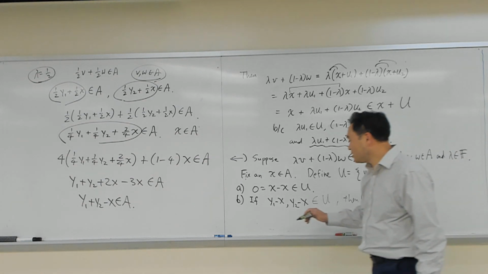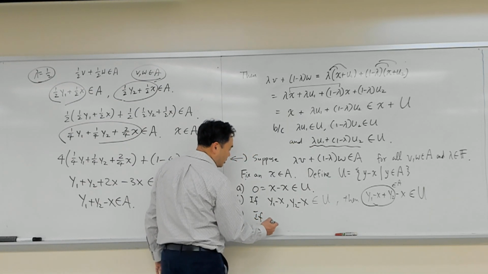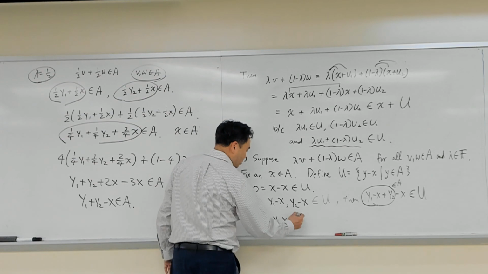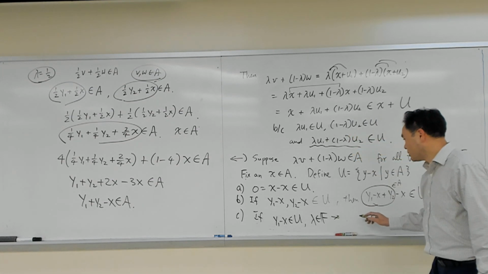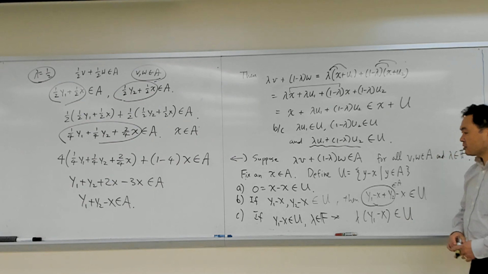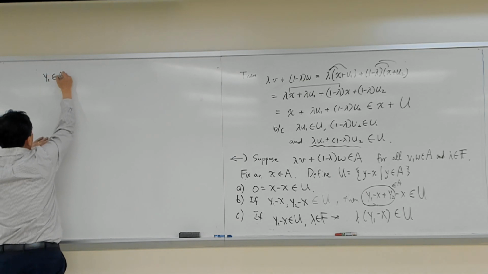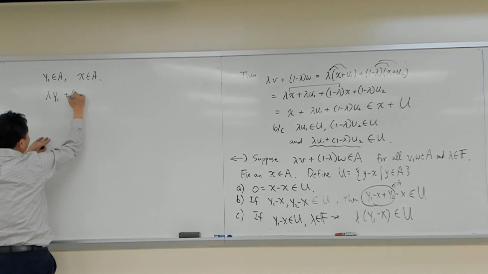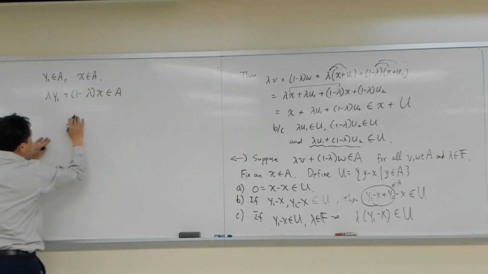And then C, if y1 minus x is in U and lambda is in F, then lambda times y1 minus x is in U. Well, see, the reason that's true is because since y1 is in A and x is in A, we see that lambda times y1 plus 1 minus lambda x is in A. But what's that?